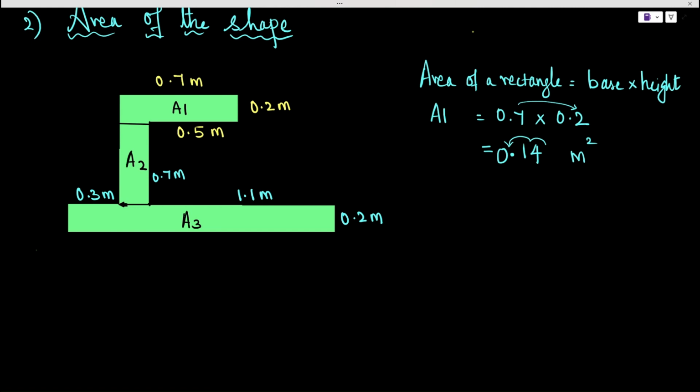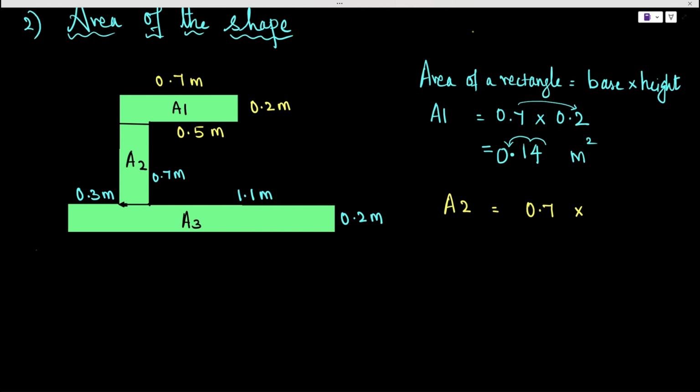Now we'll tackle area 2. So for the height for area 2, we're given 0.7 meters. But we're not given a proper value for our base. So we have to calculate our base here. So at the top of the shape, we see the full base length of area 1 as 0.7 meters.